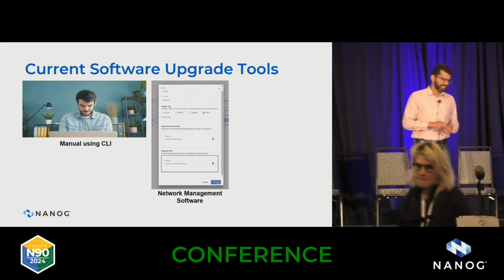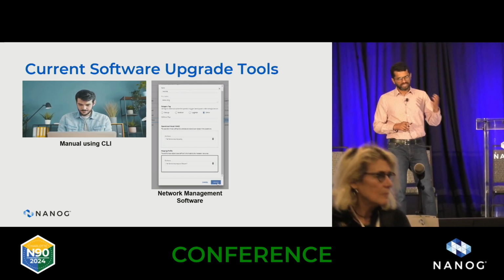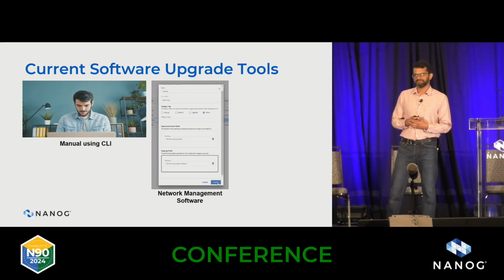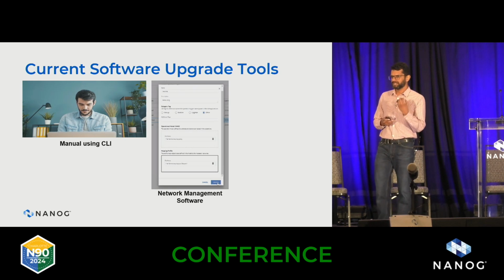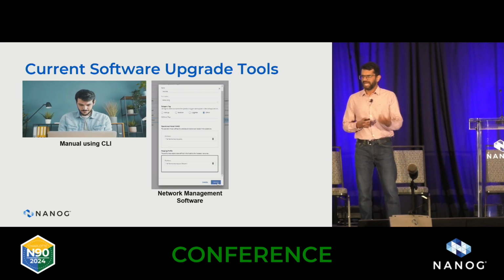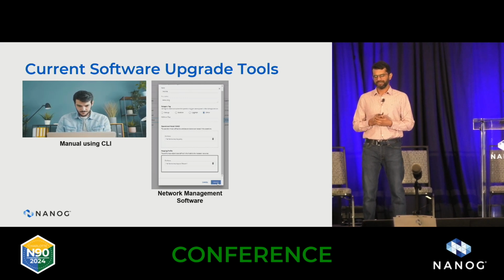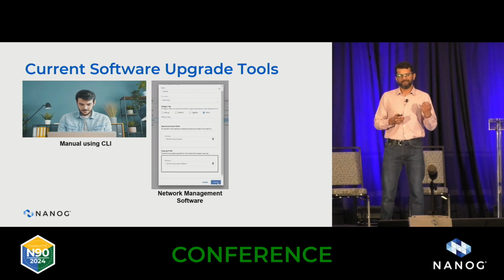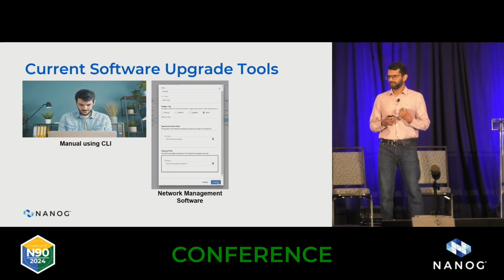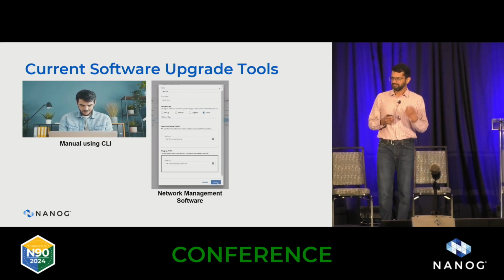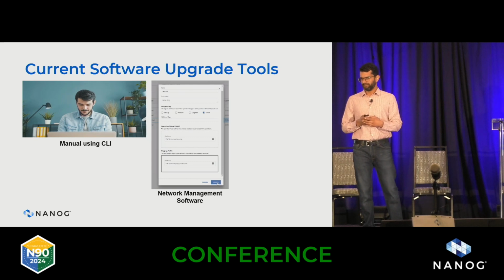The next one is using the vendor EMS system, the management system, right? The vendor EMS system will support the software upgrade. They will have a procedure: go to this window, click on this, and you can perform the upgrade using that procedure. In some cases, you will be able to automate that procedure using API calls, but again, you are following the steps given by the vendor.